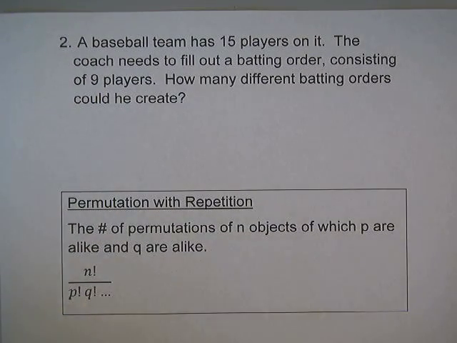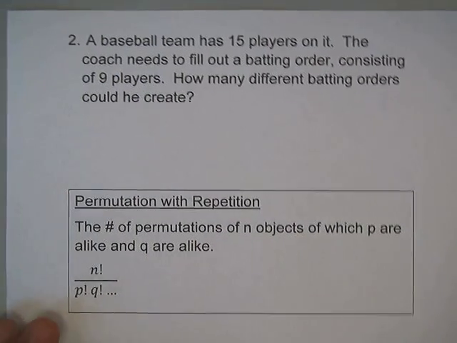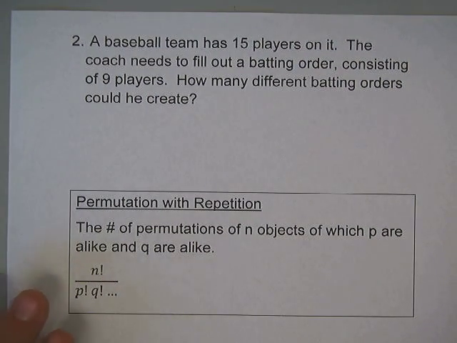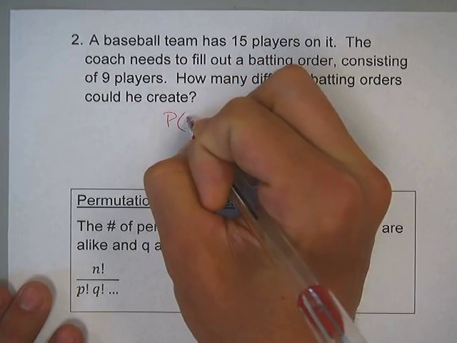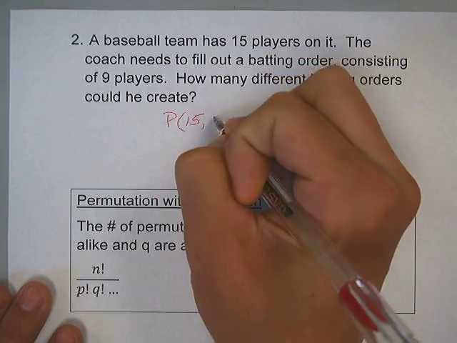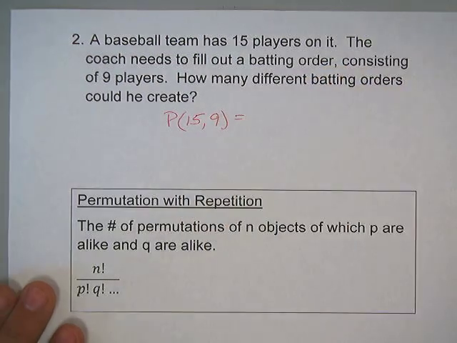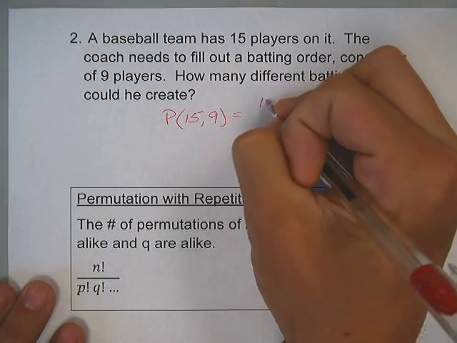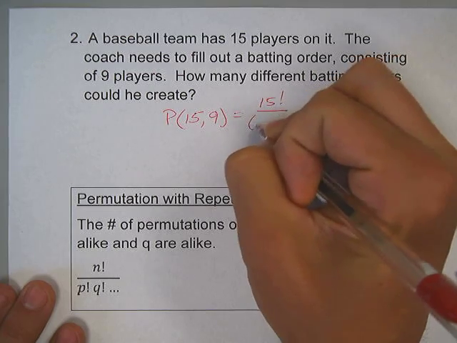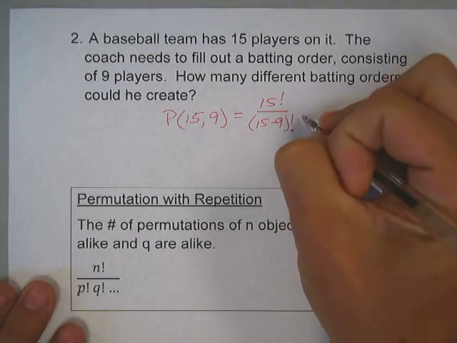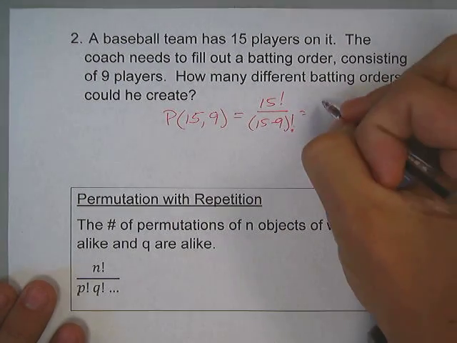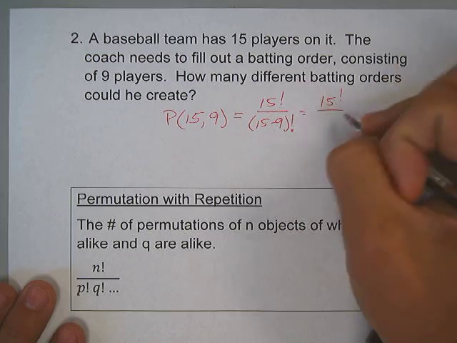Okay, let's do another example here. All right, so let's say a baseball team has 15 players on it. The coach needs to fill out a batting order consisting of 9 players. How many different batting orders could he create? So using that new formula that I just gave you, this would be a permutation. There's 15 players. We're going to choose 9. Okay, so what that would mean is 15 factorial over (15 minus 9) factorial.